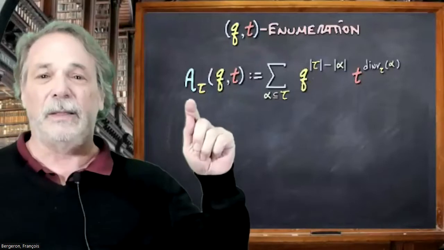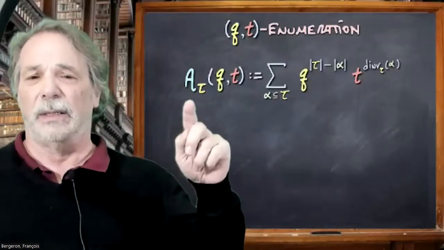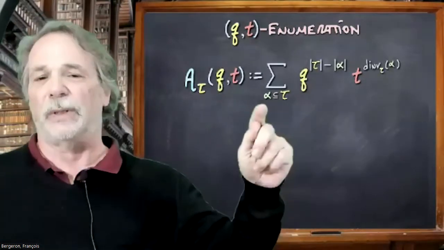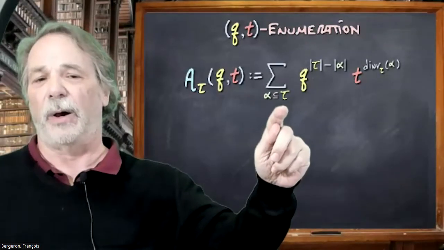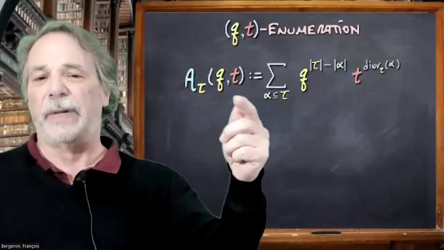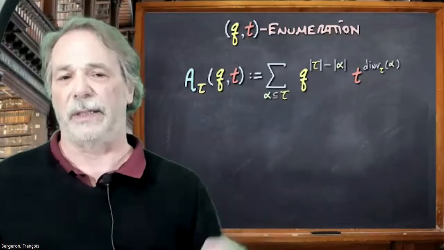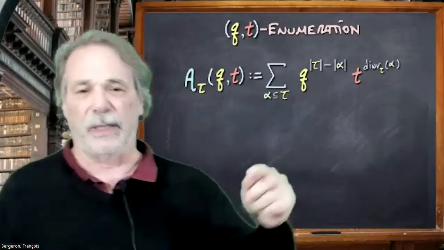But so I'm going to call A_tau the enumerator for all the possible Dyck paths. So the sum is over alpha contained in tau. Alpha is changing. And I'm counting these Dyck paths with two parameters, q and t. So this is going to be a polynomial in q,t.